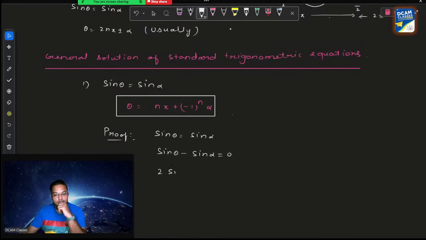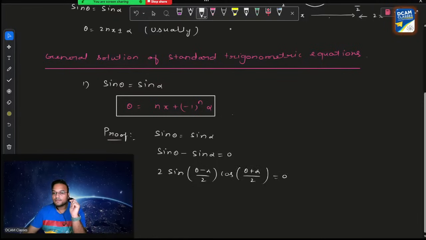It gives 2 sin of (C minus D) by 2, that is (theta minus alpha) by 2, into cos of (C plus D) by 2. I'm asking for sin C minus sin D. So here, see what we get.